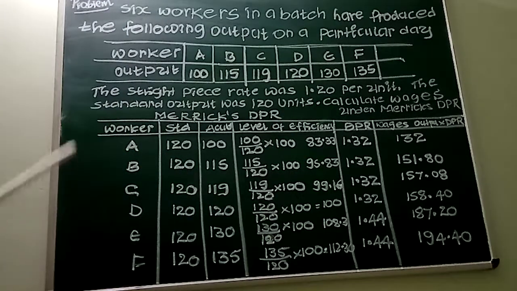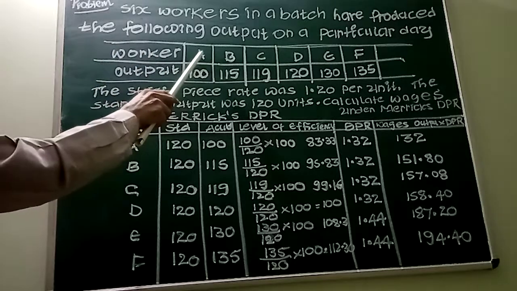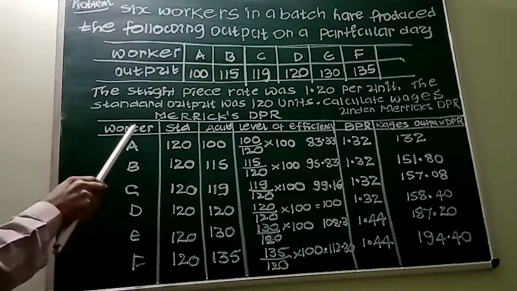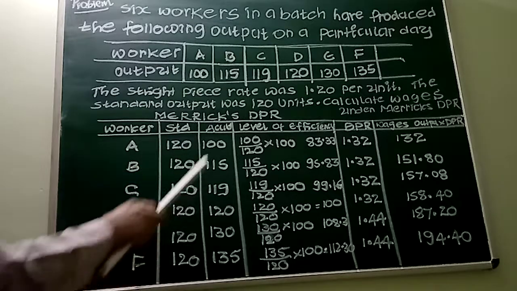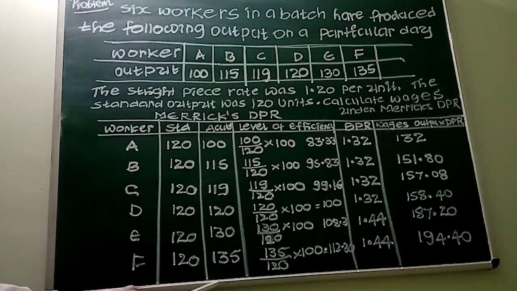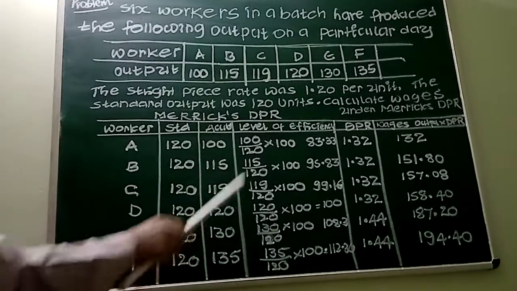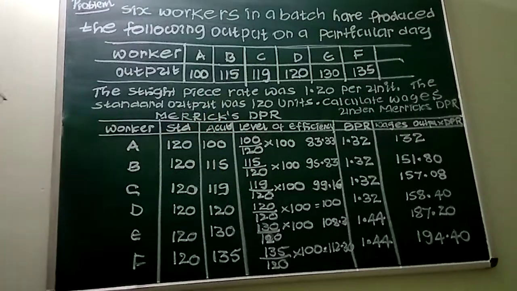Now, let us take worker A. So, this is the worker column, this is standard output, this is actual output. We have to calculate the level of efficiency.